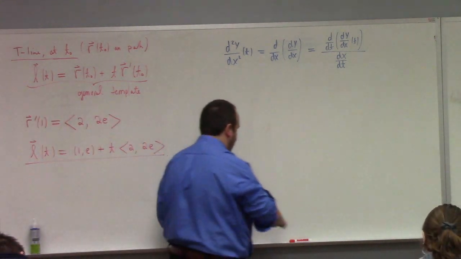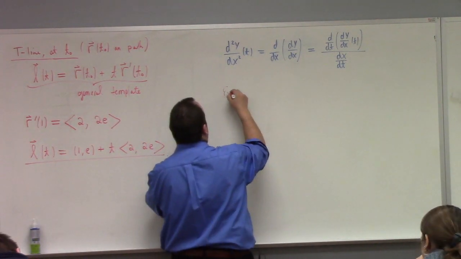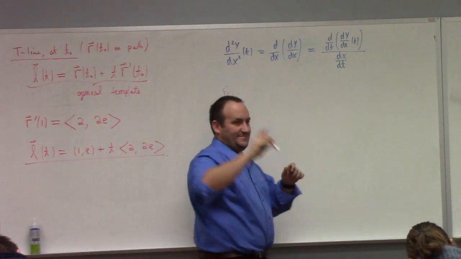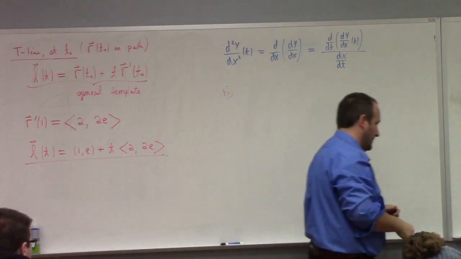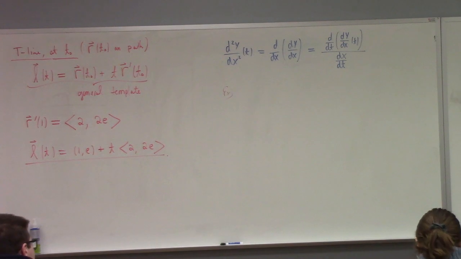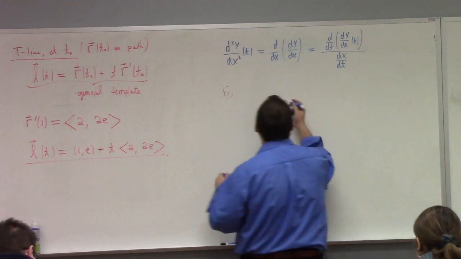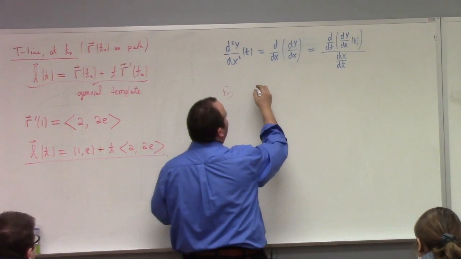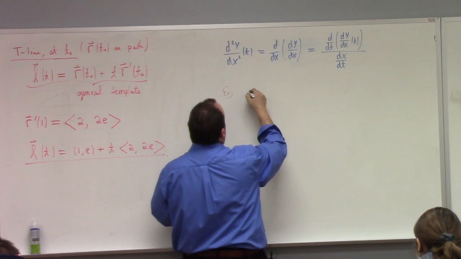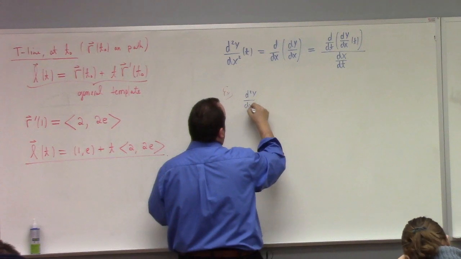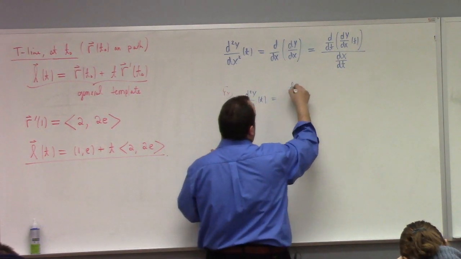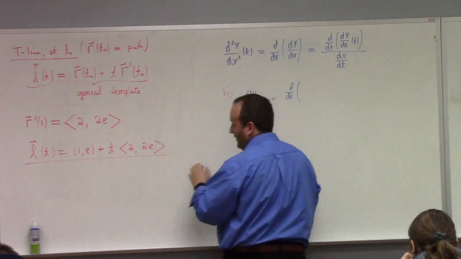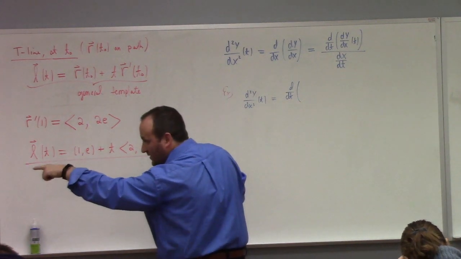For our specific problem, did it actually go in? I'm shooting blind. It's just an accident. Yeah. So d squared y dx squared at time t would be d dt of, so what was dy dx? We figured it out over there. It was what?